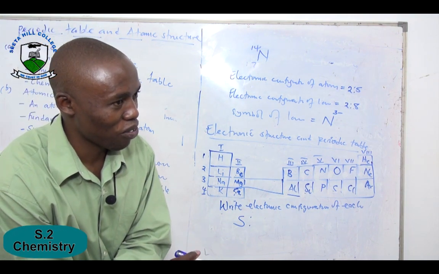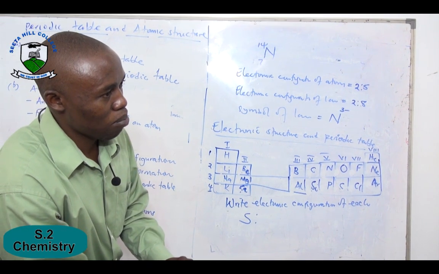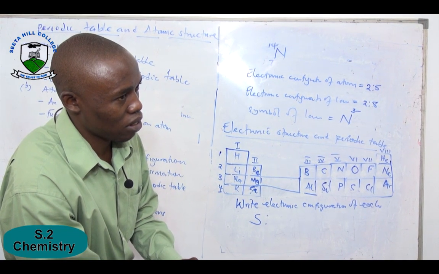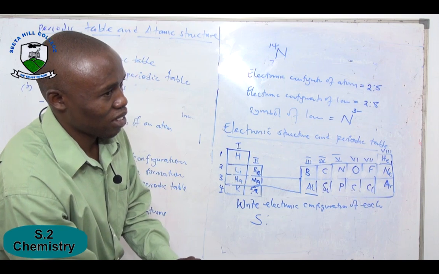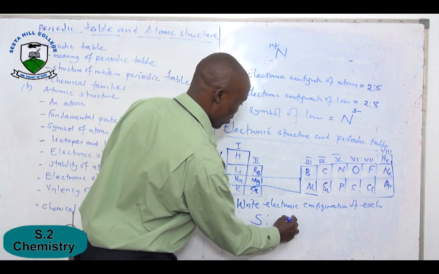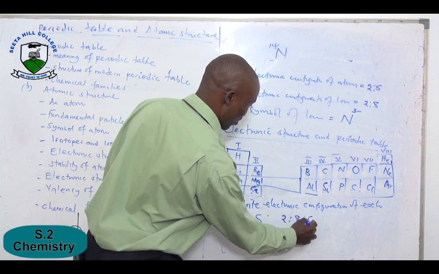We say the configuration has two features connected to a periodic table: number of shells and the outermost electrons. 2, 8, 6.